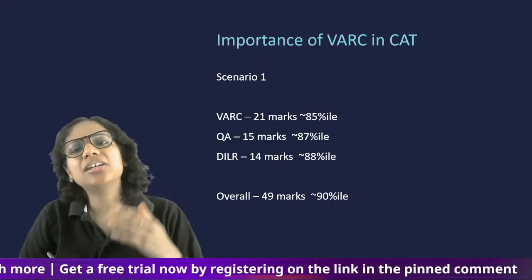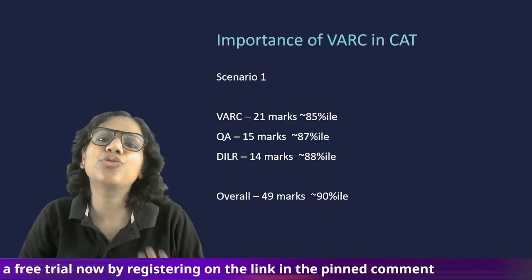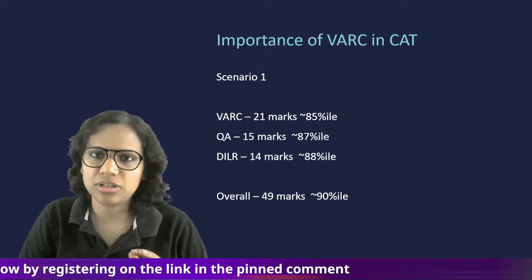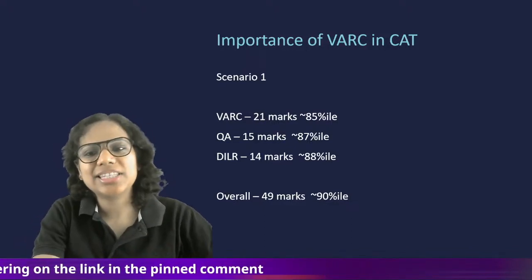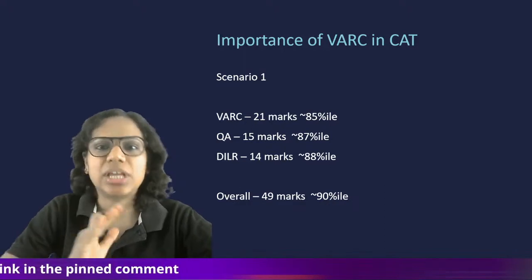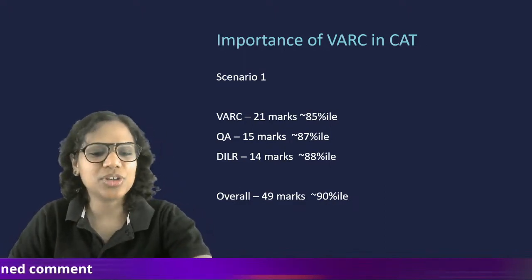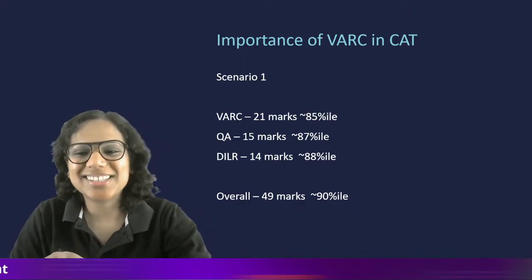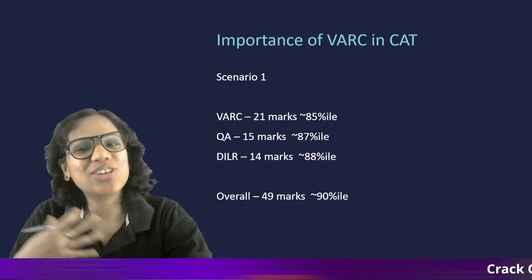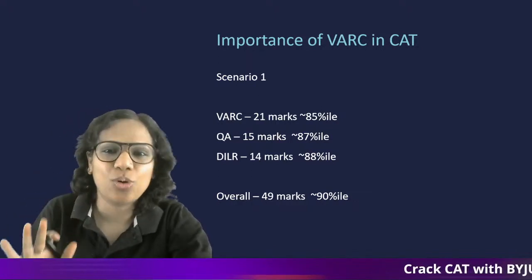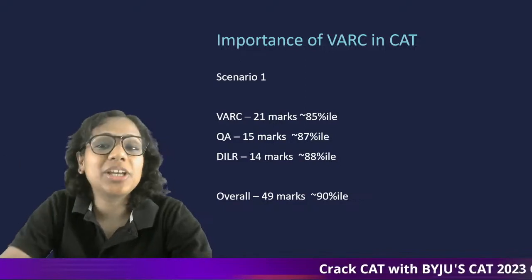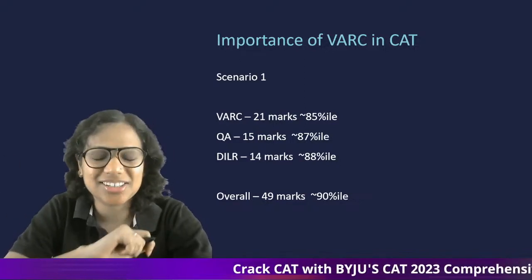So what can a section such as VARC do for you at this juncture? Let's say VARC is your strength. I am somebody who teaches VARC, so in my experience, VARC is my strength, and that's what I would play on if I took CAT 2023 this year.